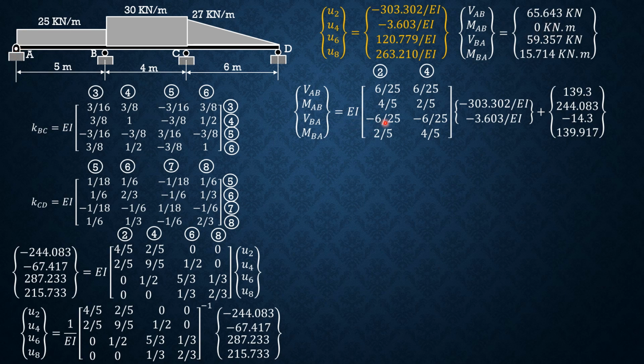For shear BA, negative 6 over 25 times negative 303.302 plus negative 6 over 25 times negative 3.603 plus negative 14.3, so 59.357. And finally, for moment BA, the quantity 2/5 of negative 303.302, so cancel EI, plus the quantity 4/5 times negative 3.603 plus 139.917.